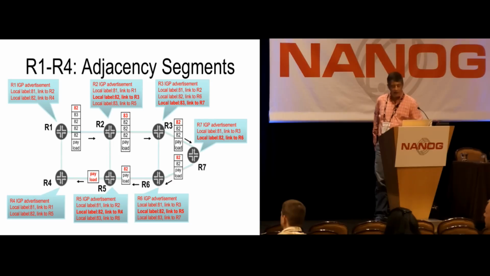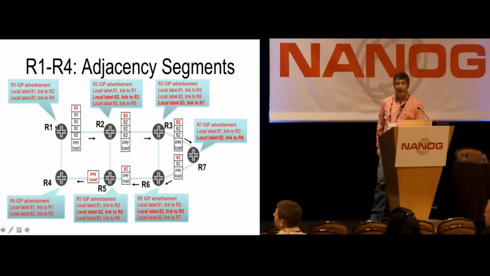If you take a look at all of these boxes, they're all advertising a SID and associating it with every link they have. So R1, the ingress router, knows everybody's SIDs.